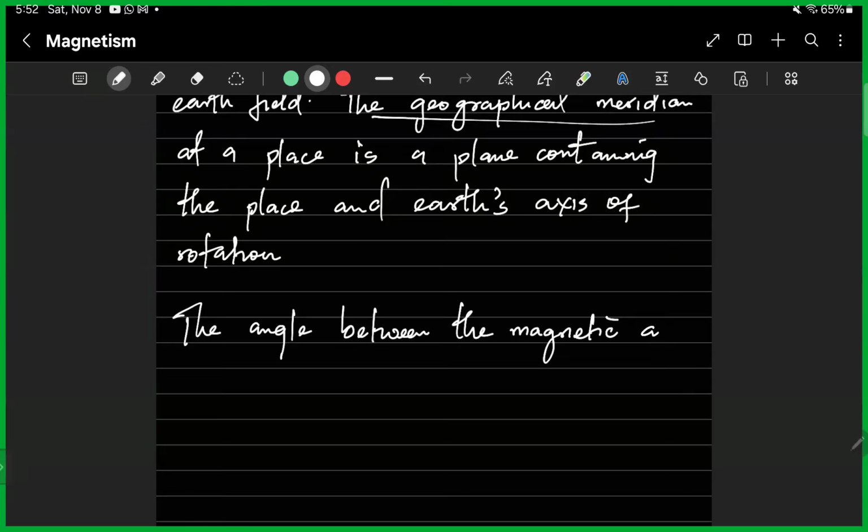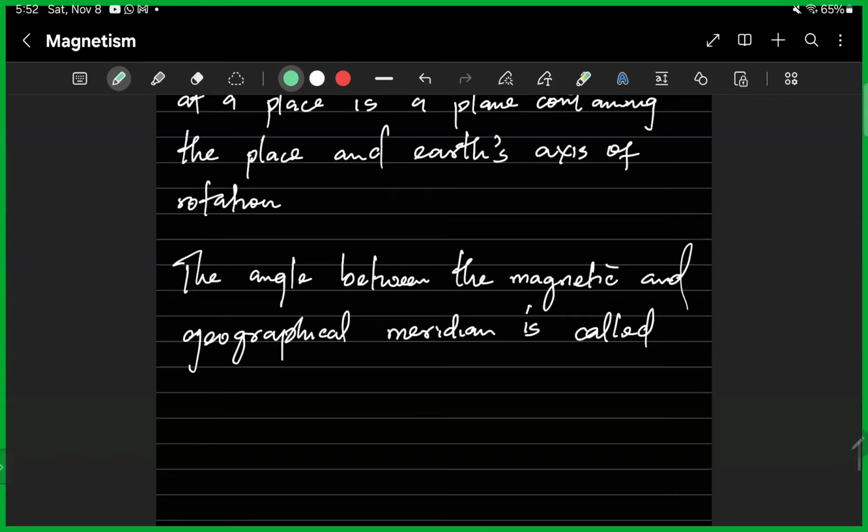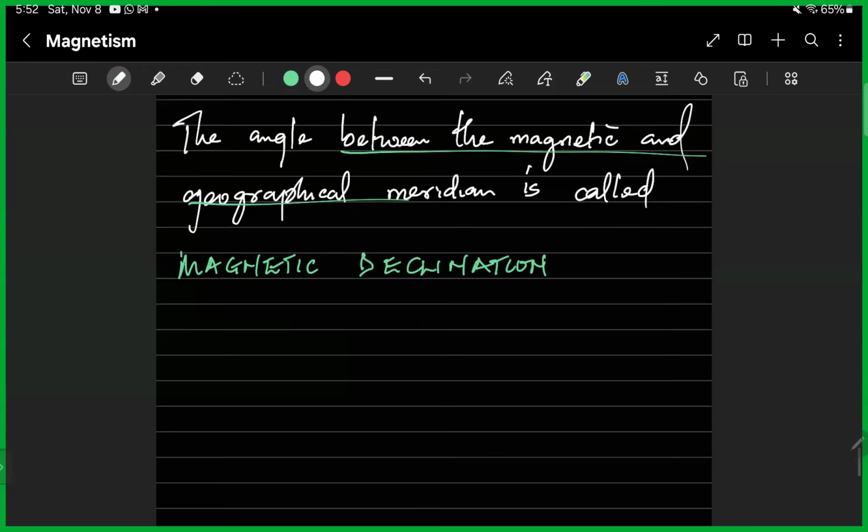This can come out in multiple choice, objective questions. It is called magnetic declination.